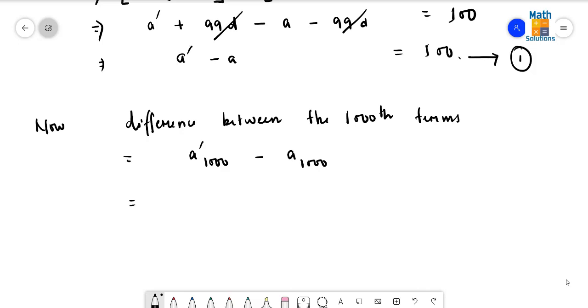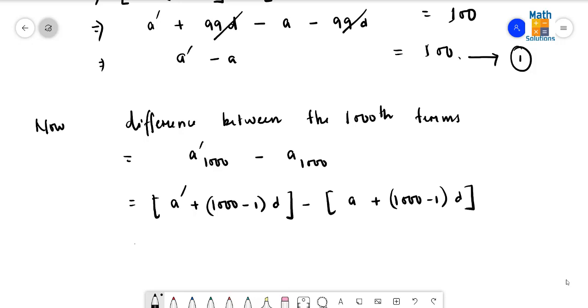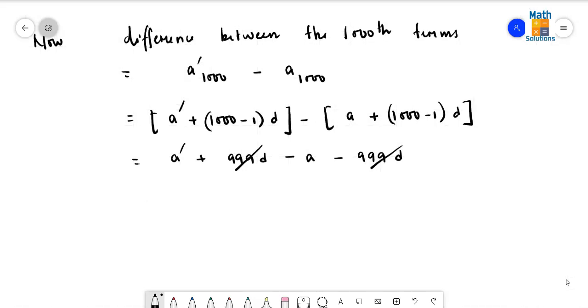Let us use the general formula here. a dash plus 1000 minus 1, then d, and in the later part it will be a plus 1000 minus 1, then d. And then after, what do I get? a dash plus 999d, then minus a minus again 999d. 999d minus 999d got cancelled, and I get back a dash minus a.